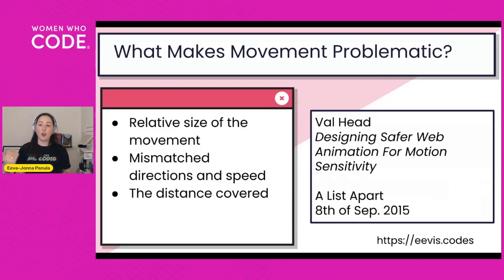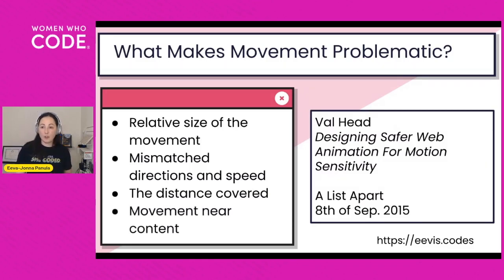Especially if it goes in a direction or at a speed that's mismatched with scrolling, for example. So these were the three things I wanted to raise from Val Head's article.